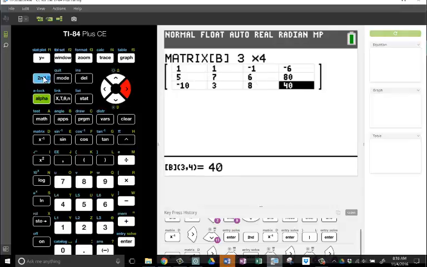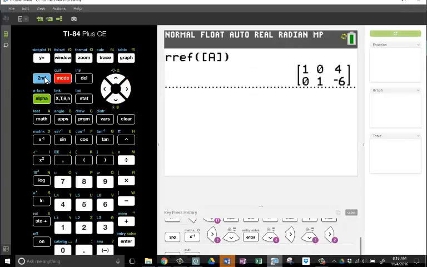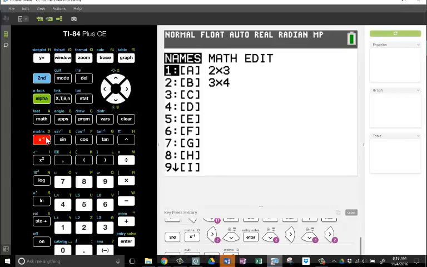Now we go quit. Now I want to show you a little shortcut here. Go to second matrix. Do you remember what letter was next to RREF? B. So instead of arrowing all the way down, you could hit alpha B, and that would take you all the way down.